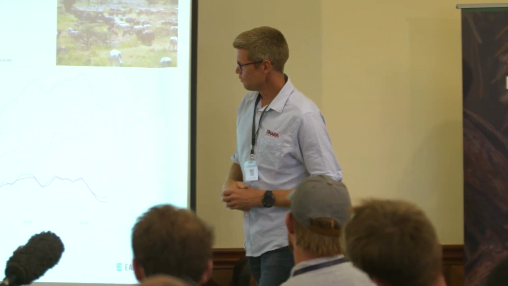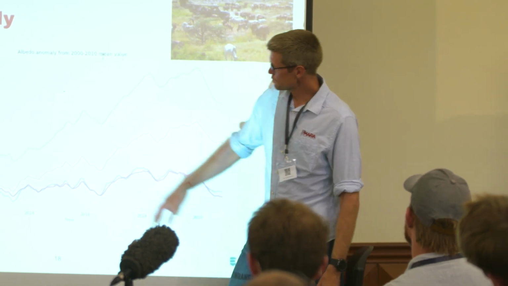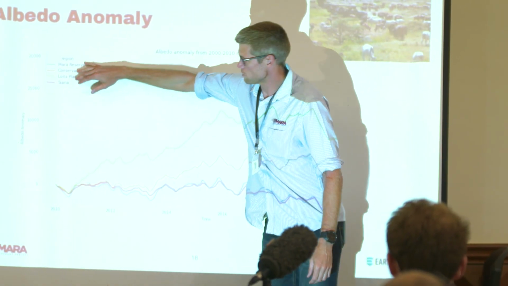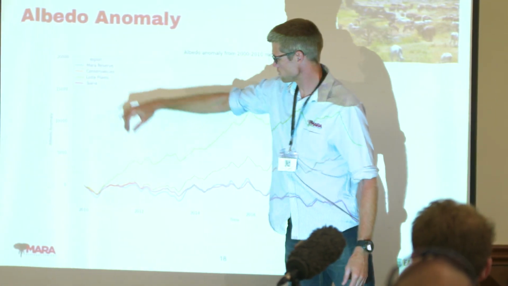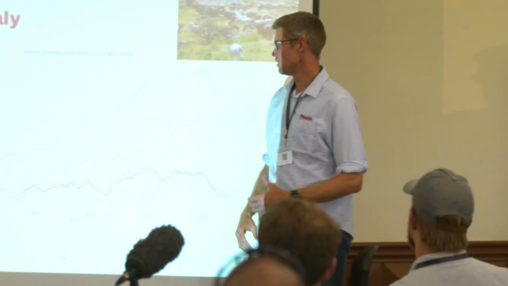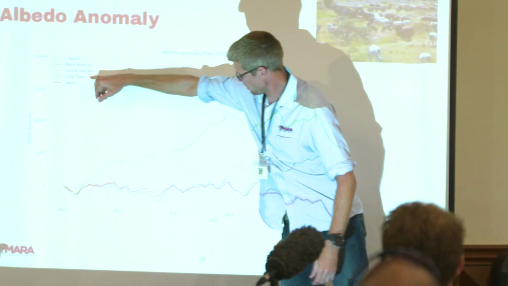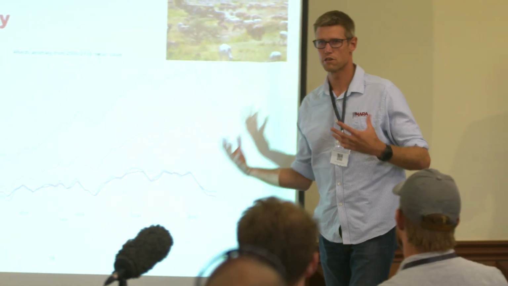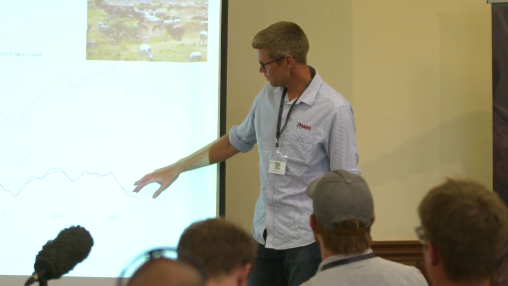We've done this in the Mara for 4 different sites. We have the Mara Reserve and Siano, which are quite protected areas. The community conservancies, which are a mixed use livestock and wildlife area. And then outside in the Loida Plains, where there's no protection and it's farming and livestock. And you can see very clearly the difference.